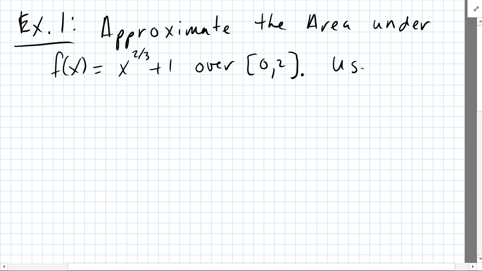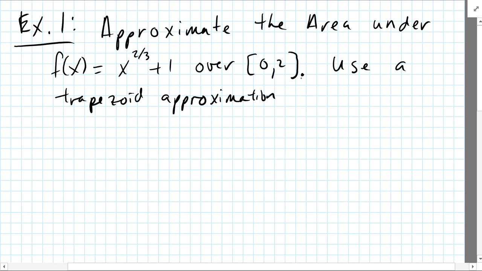Use a trapezoid approximation with 4 even subintervals.